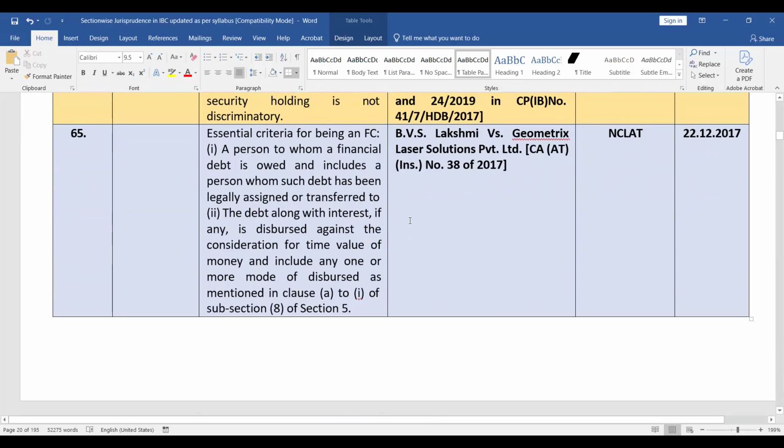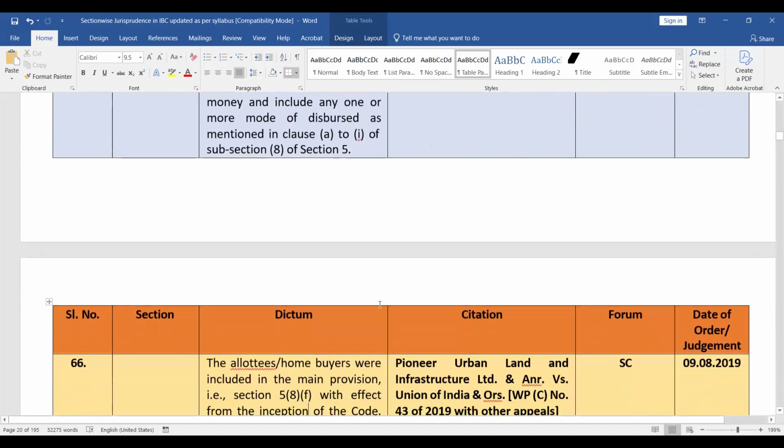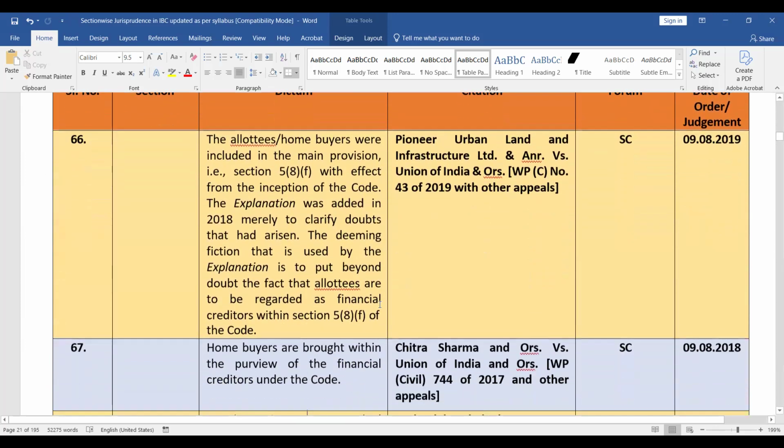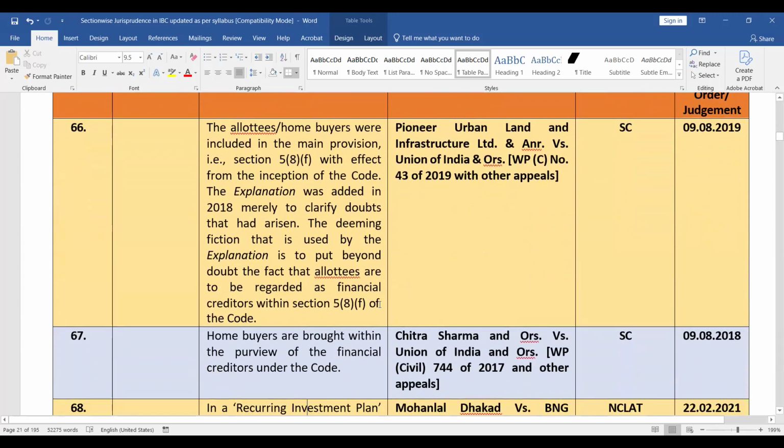The debt along with interest, if any, is disbursed against the consideration for the time value of money and includes any one or more of the disbursed as mentioned in clause A to I of subsection 8 of section 5. ठीक है. ये जो अलॉटीज हैं या होम बायर्स हैं, they are included in the main provision with effect from the inception of the code.